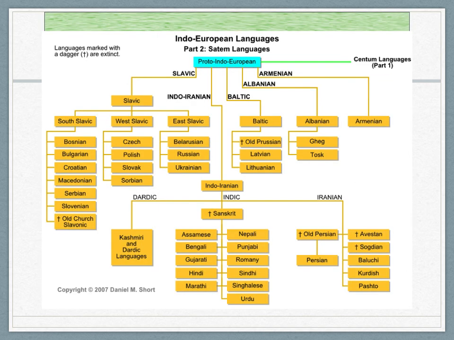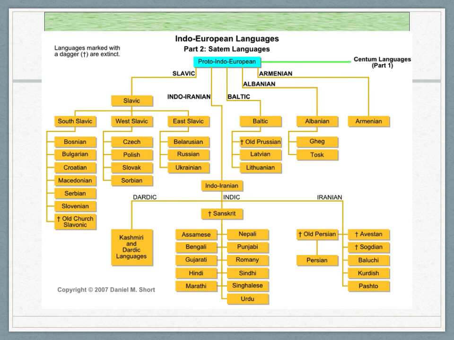And then Indo-European languages also exist in other parts of the world, much farther away. So Slavic languages led to modern day Serbian, Russian, and others.